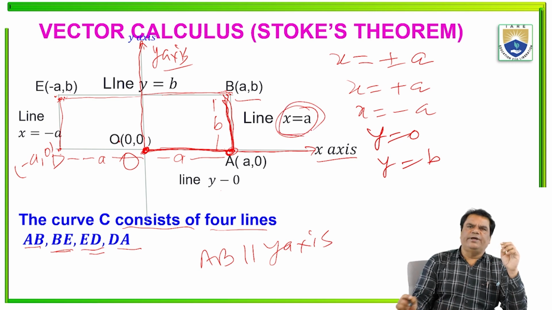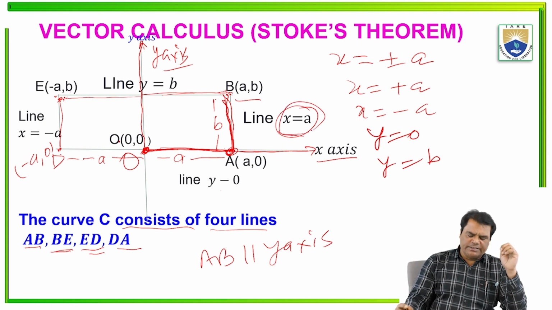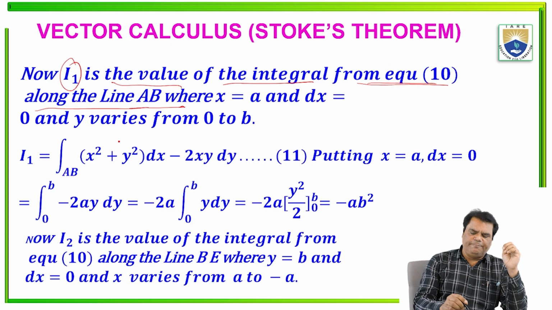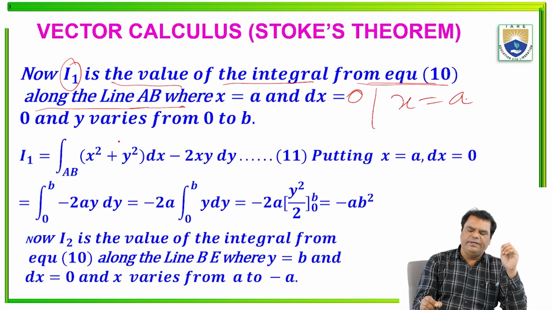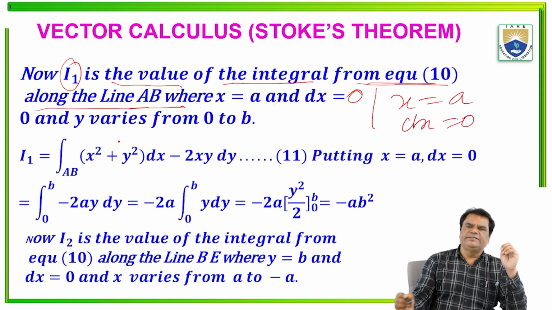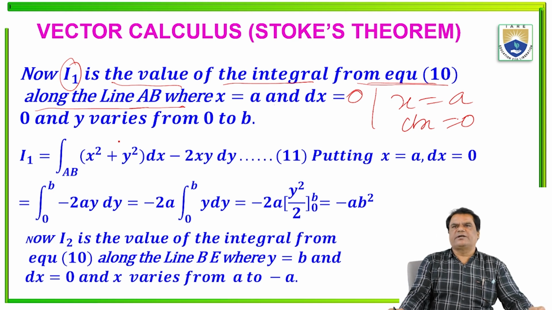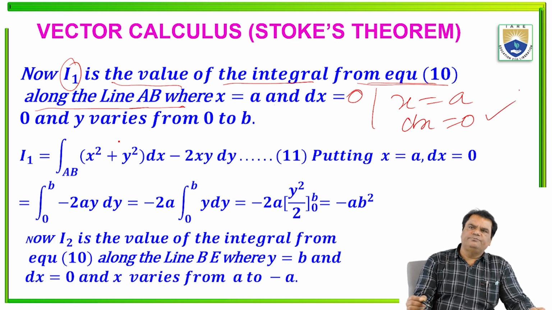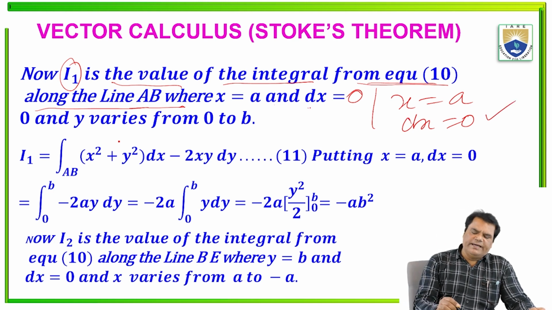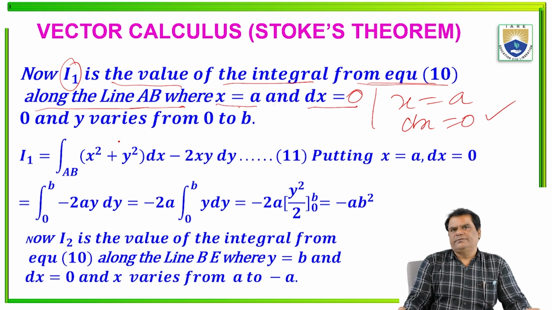So x equal to a. And when x equal to a, then dx is 0. A is constant, so differentiating with respect to x gives 0. So the value of dx is 0 and x equal to a, putting in this integral.